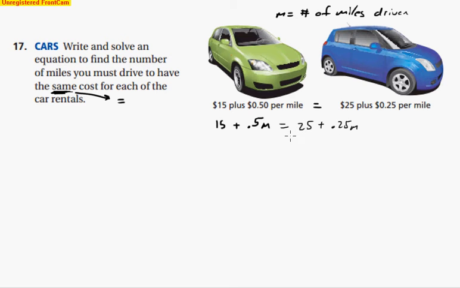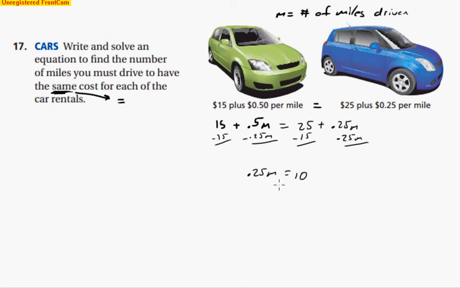Now we're ready to solve. We're just going to do opposite operations to undo this equation. I'm going to subtract 15 from both sides, and I'm going to subtract this 25 hundredths m from both sides. That leaves me with 25 hundredths m equals 10.